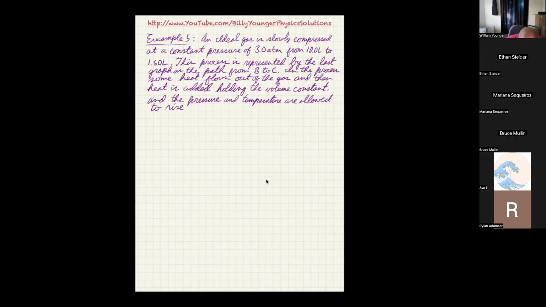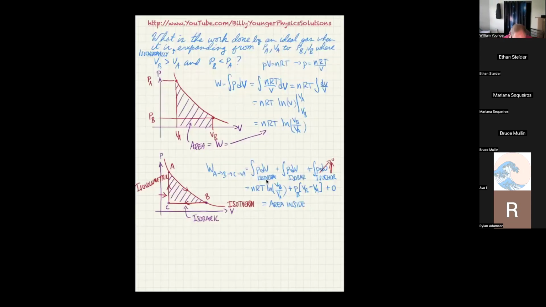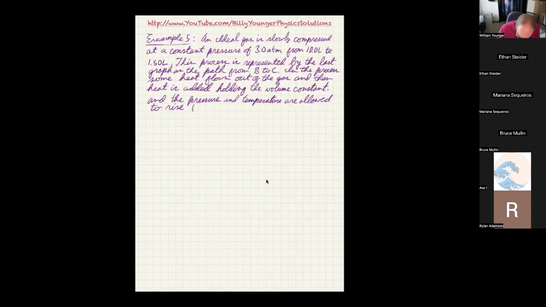Now this part goes from, if we look at that, C to A. Until the temperature is at the original temp. Okay.